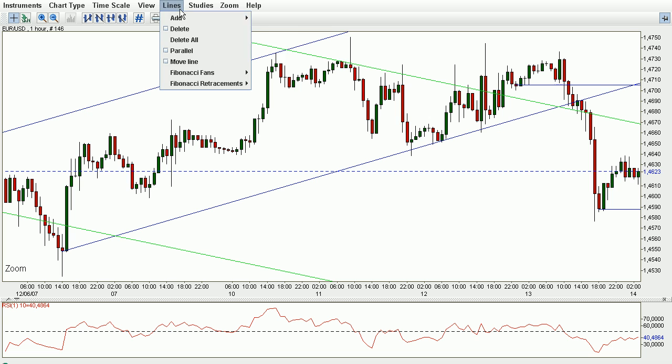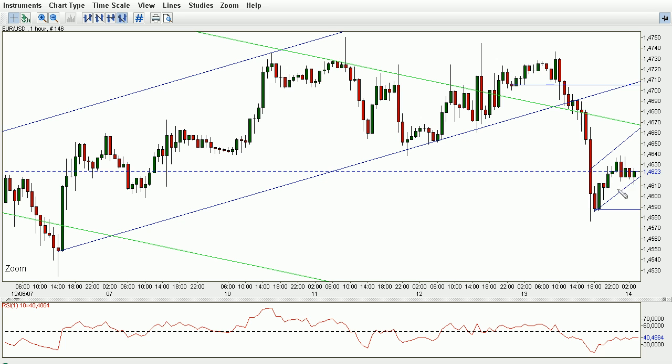And probably what we will see today is some kind of a continuation pattern, which might turn into some kind of rectangle or a flag pattern, and probably it is going to reach for this resistance area, this resistance level of 1.4670.